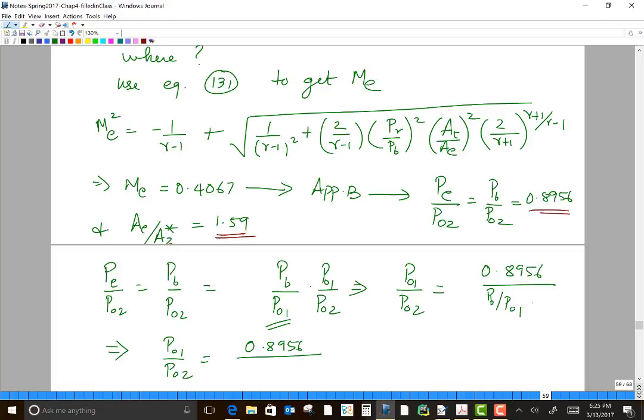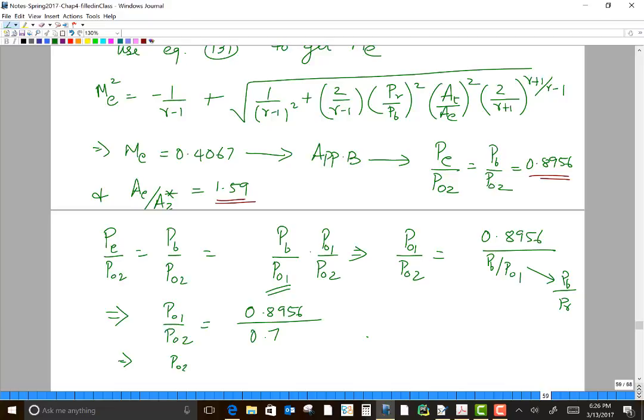This PB by P01 is the same as PB by PR, so you have to make that connection. PB by PR is 0.7, so P01 by P02 happens to be 1 by 0.79, which implies P02 by P01 equals 0.79, okay?